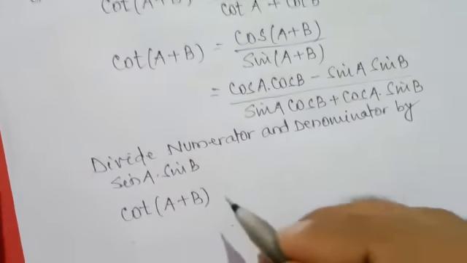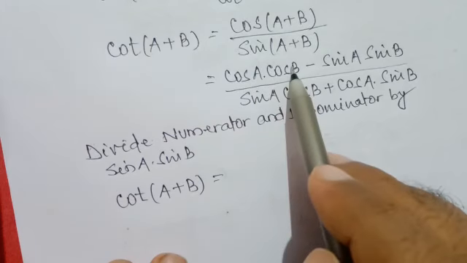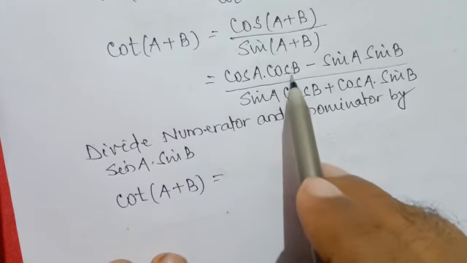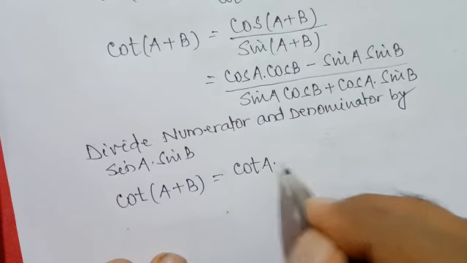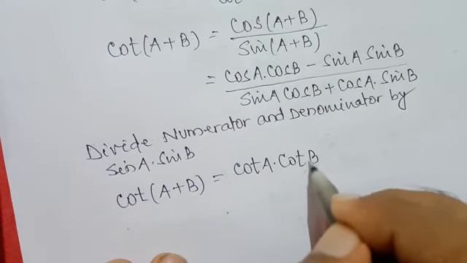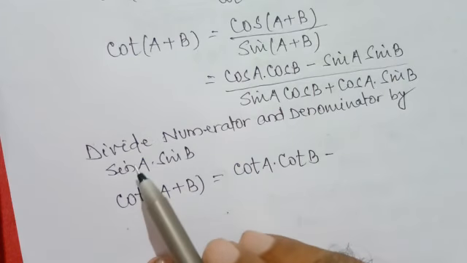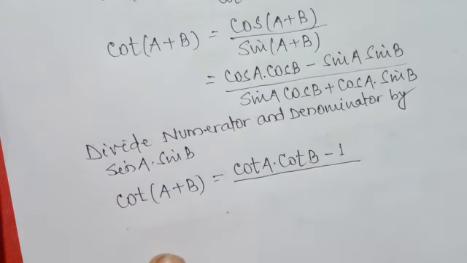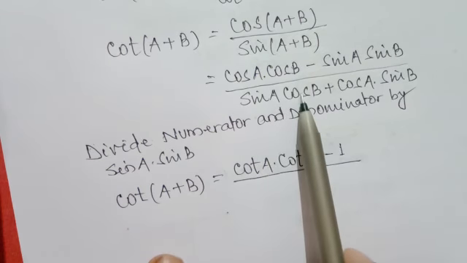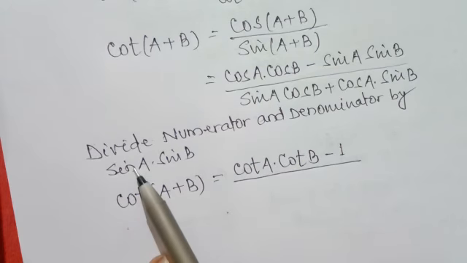cos A cos B divided by sin A sin B becomes cot A cot B, minus sin A sin B when divided by sin A sin B becomes 1. Similarly, in the denominator, sin A cos B divided by sin A sin B. So sin A and sin A are cancelled.